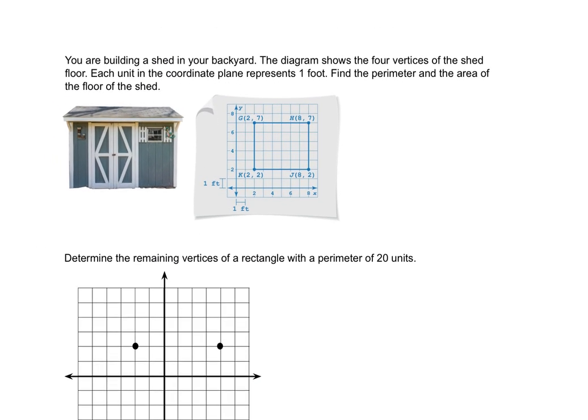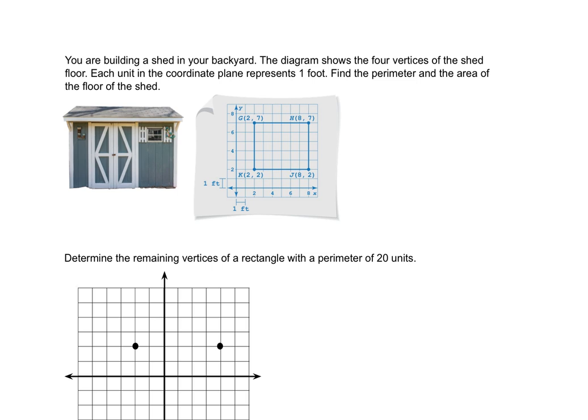Okay, you're building a shed in your backyard. The diagram shows 4 vertices of the shed. Each unit in the coordinate plane represents 1 foot. Find the perimeter and area of the shed. Okay? So the nice thing about this one, we don't have any slanted sides, right?